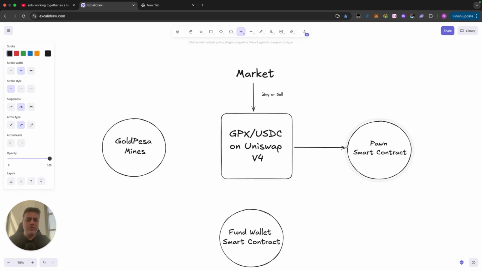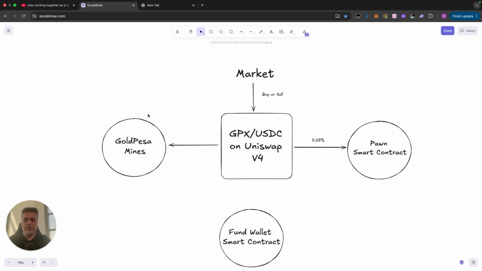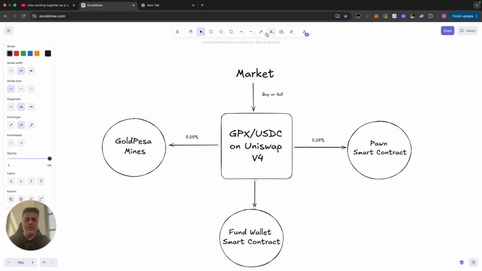And of that 1% fee, 0.25% goes into the Pawn smart contract, 0.25% goes into the GoldPesa Mines, and 0.5% goes into the fund wallet.